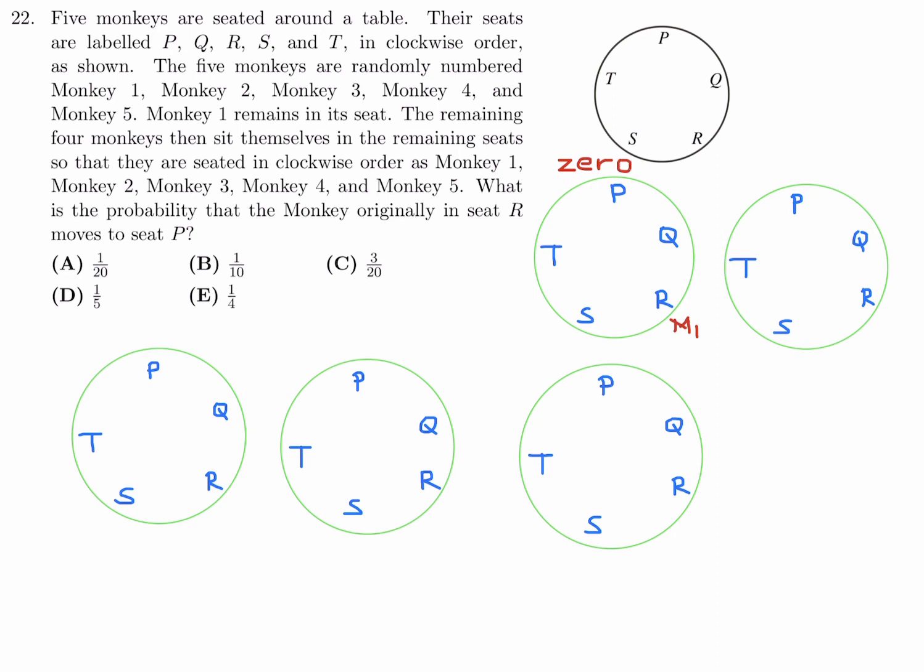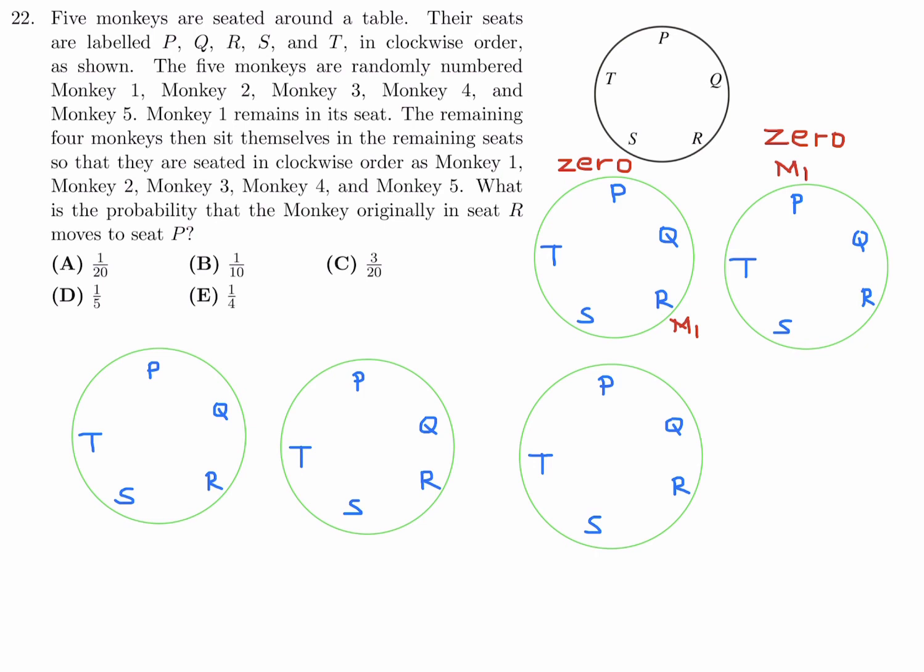Similarly, the next scenario is if monkey 1 is sitting in P. He remains in his seat. So whoever's in R, if they move around, that's fine, but they're never going to be able to move to P because P is occupied by M1. So in this scenario, the probability of somebody moving from R to P is also 0.